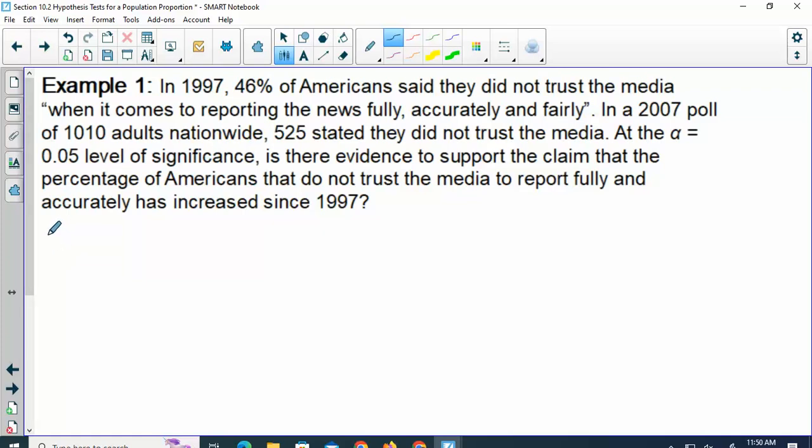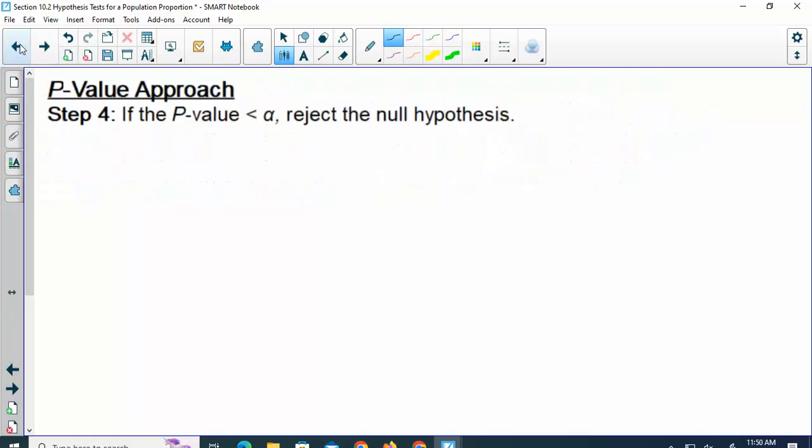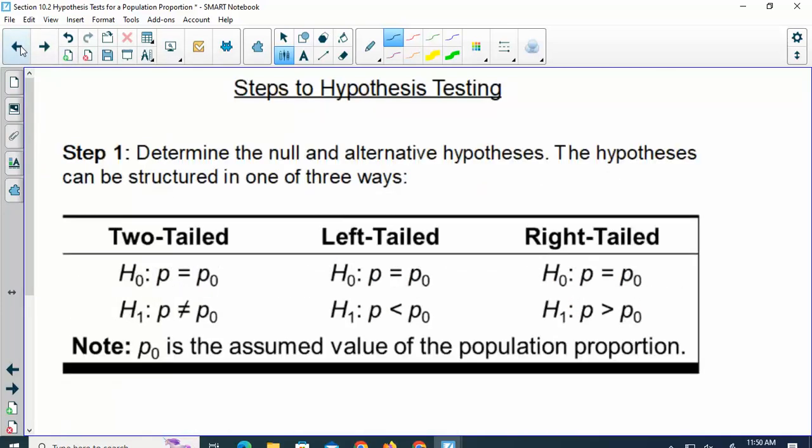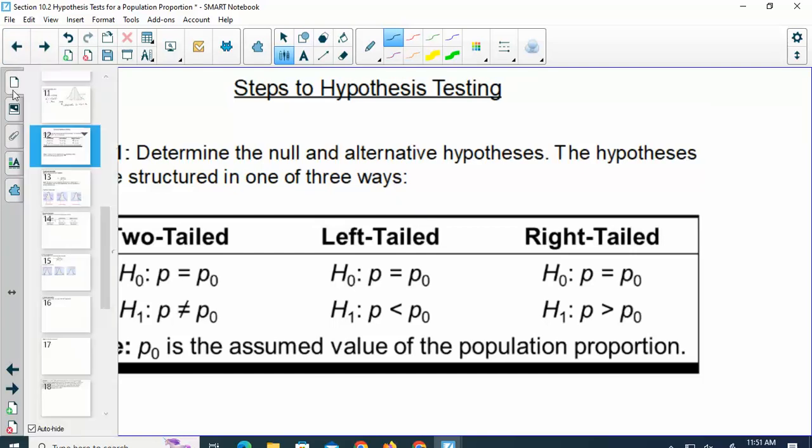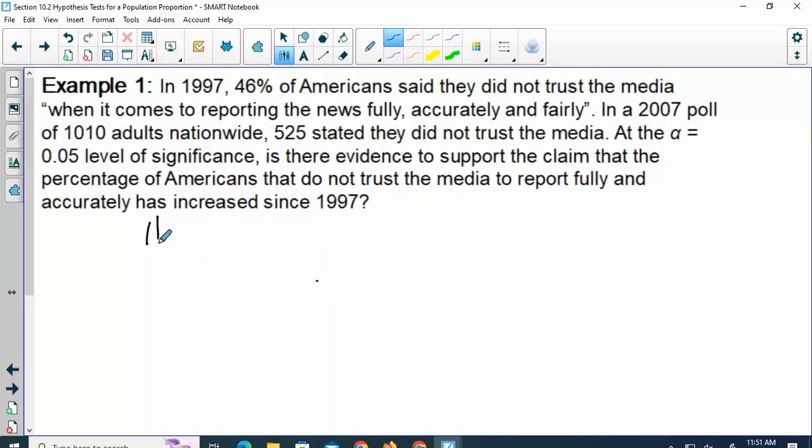So, step 1. You don't necessarily have to label the steps, but you're welcome to. What do we have to have first? What do you think? Hypothesis. We have to know what we're testing before we can even begin doing any kind of test. So, my null hypothesis. We're talking about a proportion. The null is always equal. What was our baseline?